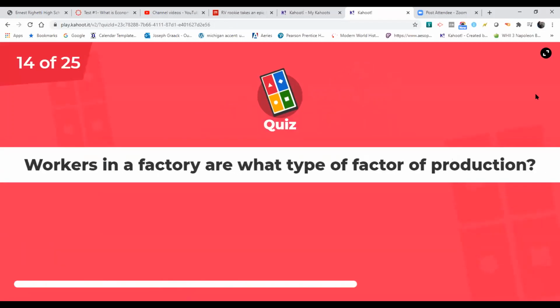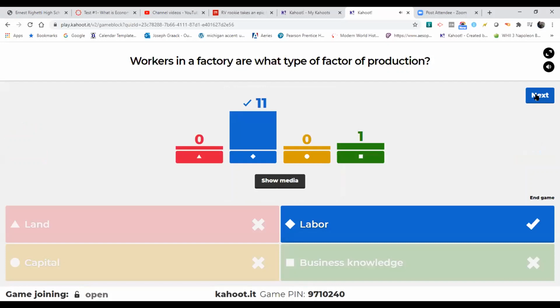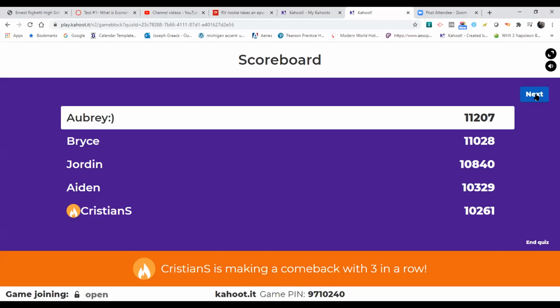All right, workers in a factory are what type of factor of production? All right. Workers in a factory would be labor, the human form of labor. We also have machine form of labor.